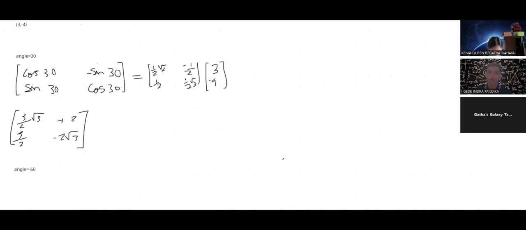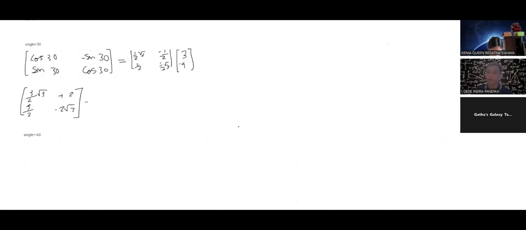Okay, and next we can find the rotation of angle 90 degree.